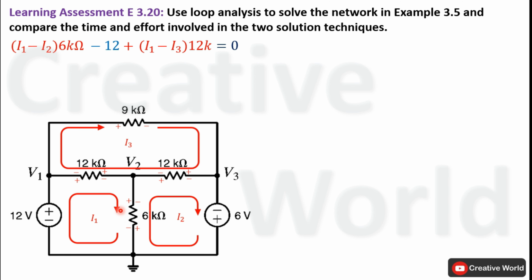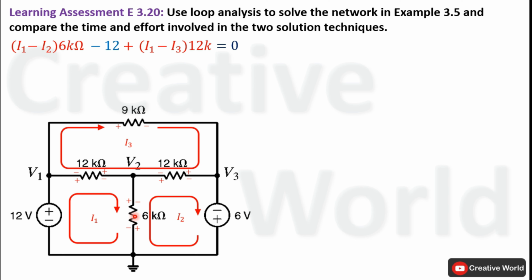Now because we are inside this loop and we are taking voltage according to the direction of current I1, we will assume that I1 is larger than I2 and the resultant current which is flowing through this 6 kilo ohm resistance will be equal to the difference of these two currents, I1 minus I2.